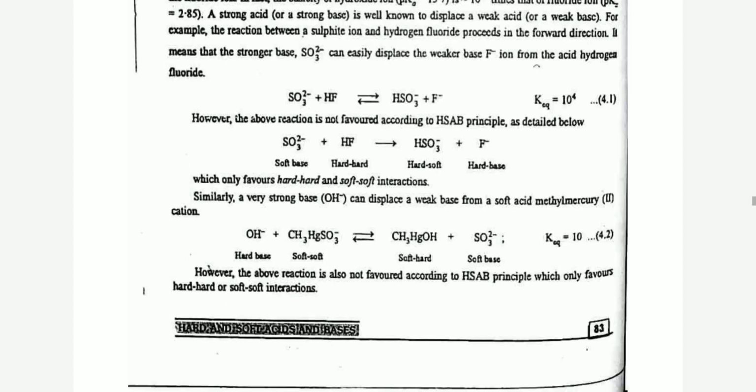SO3²⁻ plus HF gives HSO3⁻ plus F⁻, which only favors hard and soft interactions. Similarly, a very strong base OH⁻ can displace a weak base from the soft acid methylmercury(II) ion.